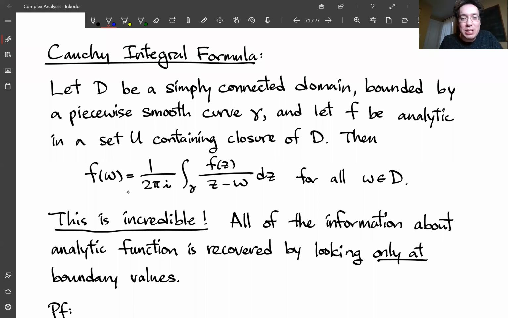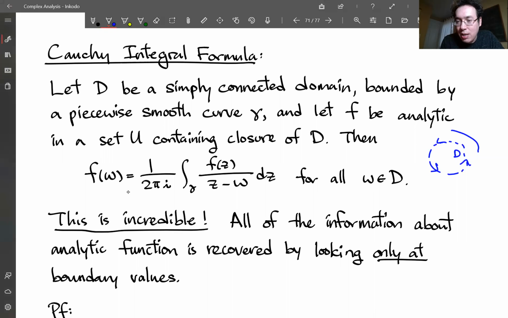Okay, so let me describe the formula. Let's say we have some domain D, which is a simply connected domain, bounded by a piecewise smooth curve gamma. We'll orient ourselves counterclockwise around this domain D. The function f needs to be analytic on the boundary of D as well.